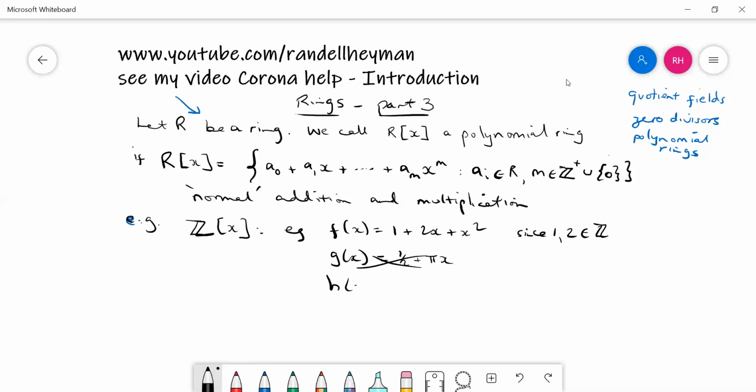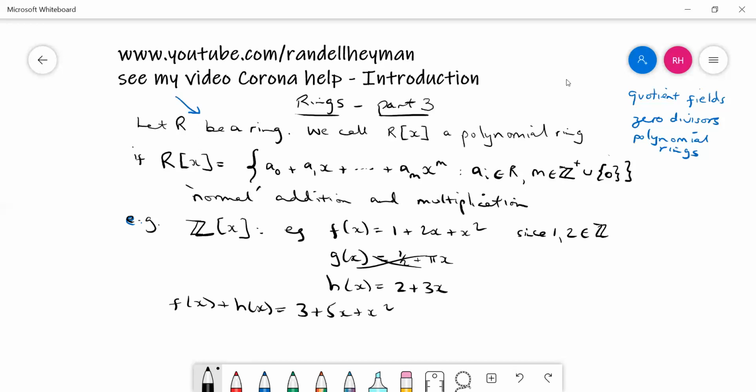Let's put up another one, h(x) equals 2 plus 3x. And when I said normal addition, it's just what you normally expect, f(x) plus h(x). We'll just add it up. So we'll add the constants, 3 plus 5x plus x squared.